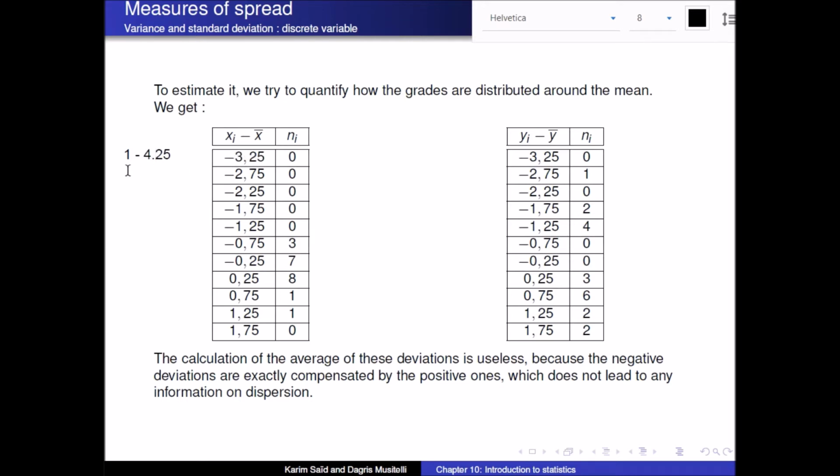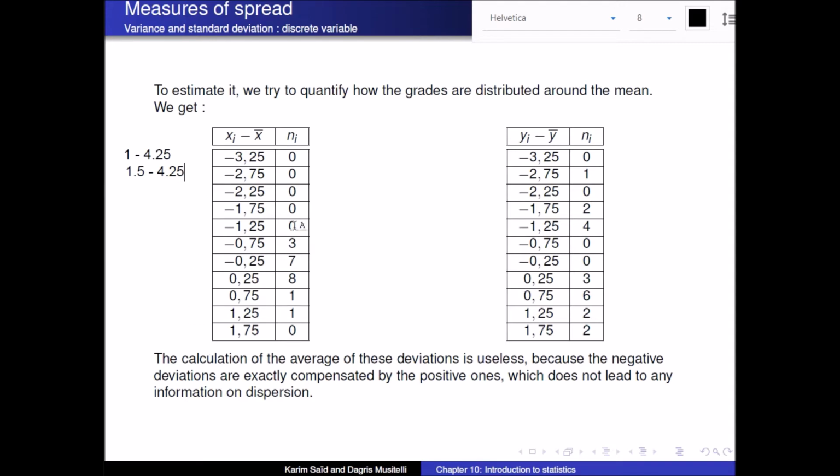The second one was the grade 1.5 minus the mean, and it gives minus 2.75, and so on and so on. So with every grade, we compute the difference with the mean, and we get those deviations. We can do the same for the second class, and we get those results.